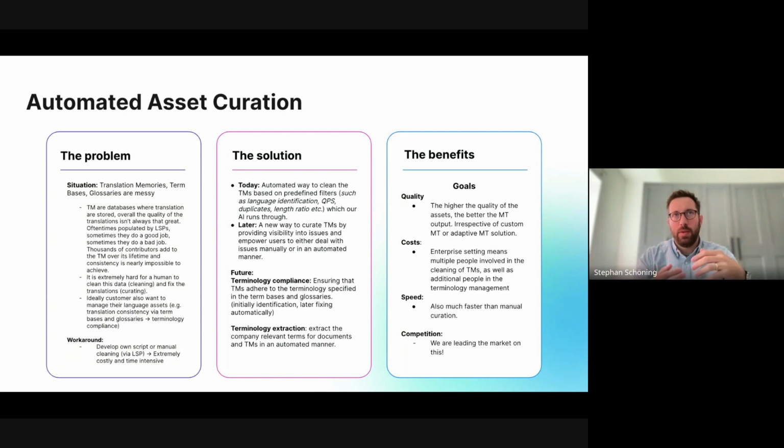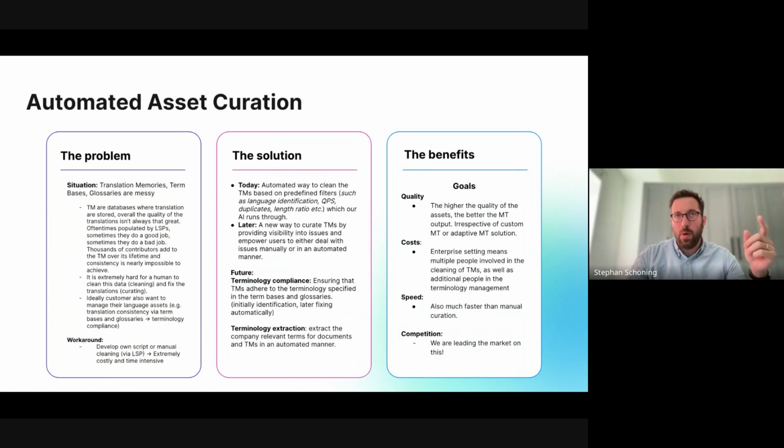Or there are duplicates, or the length ratio thing that I spoke about earlier. It's not feasible. So we're basically just throwing out TM segments that don't make any sense, so that the TM overall gets cleaner. So this is already possible today.